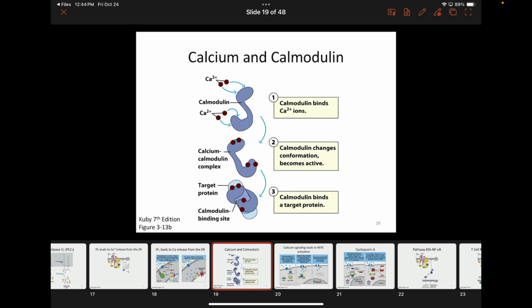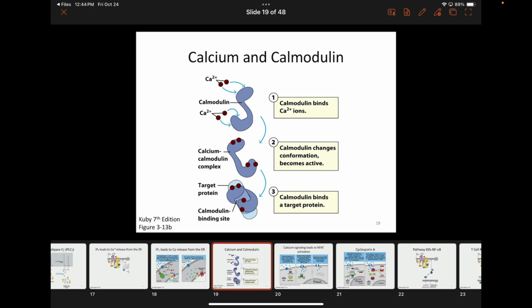So basically, if we get calcium in the cytoplasm, that is going to activate this protein called calmodulin. And so you can see calmodulin goes from being an S-shaped little worm to a different shaped little worm, and then is, as it says, active and can do something.